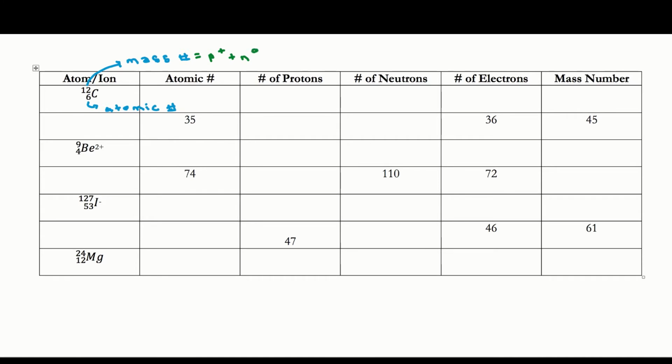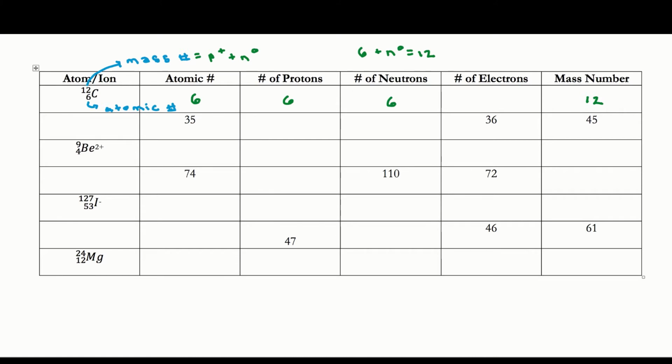Okay, so let's look at this. My atomic number here is 6, which means my protons is 6. My mass number is 12. Okay, so therefore, since protons plus neutrons is my mass number, well, I've got 6 protons. I don't know how many neutrons, and my mass number here is 12. So that means I have 6 neutrons for carbon-12. Okay?